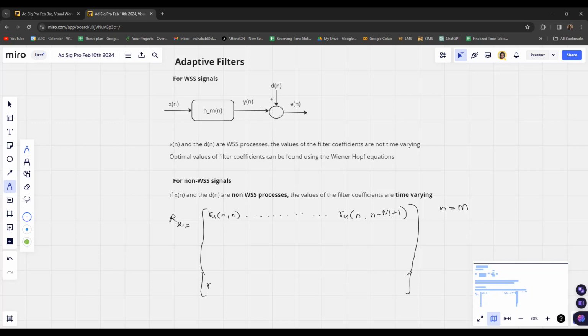This matrix, as you know, is going to be a symmetric matrix. The values of the elements are going to be symmetric over the diagonal. So here you can take it like this. These values are going to be symmetric.